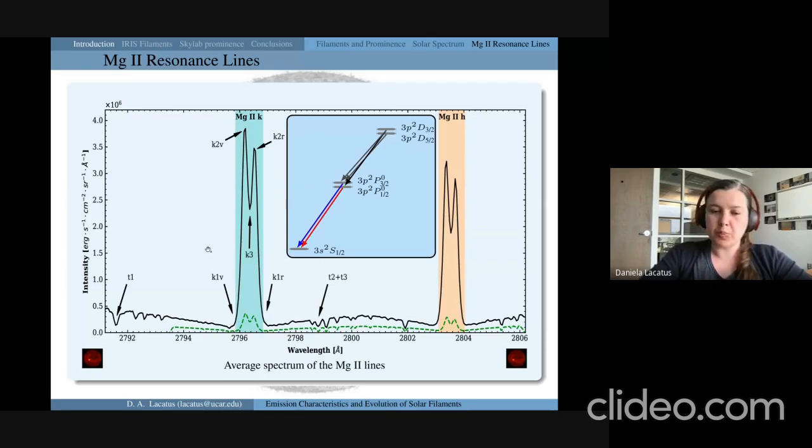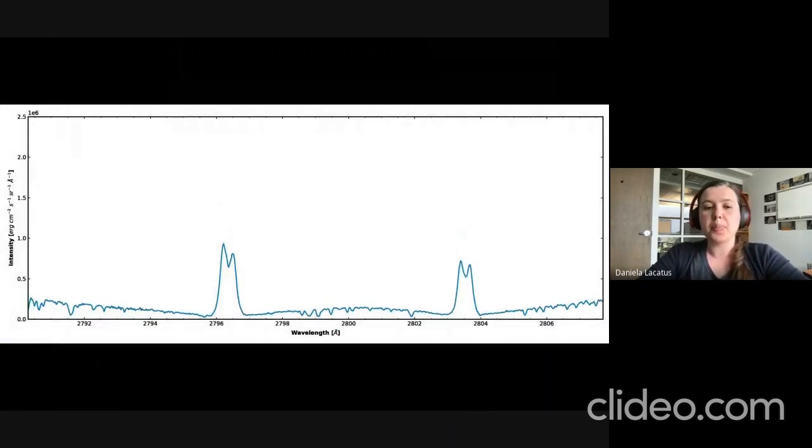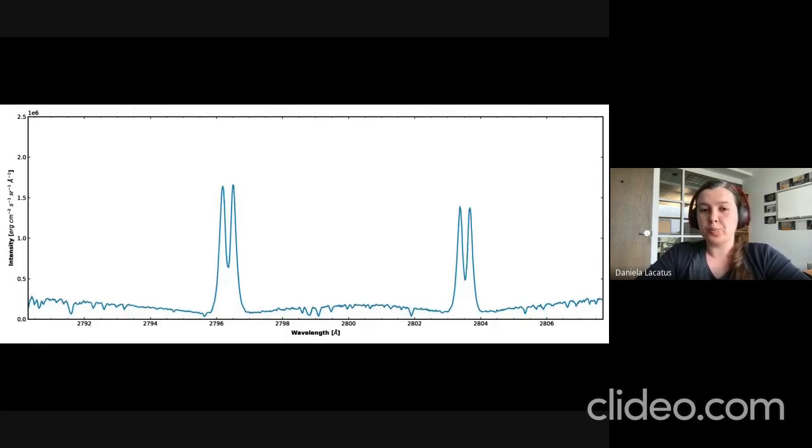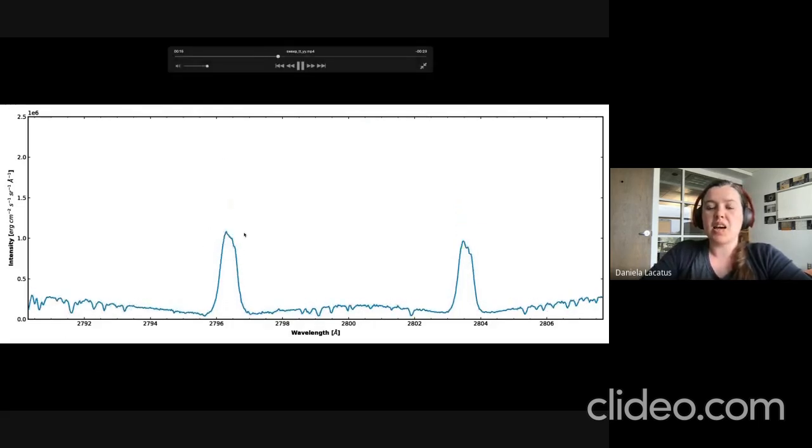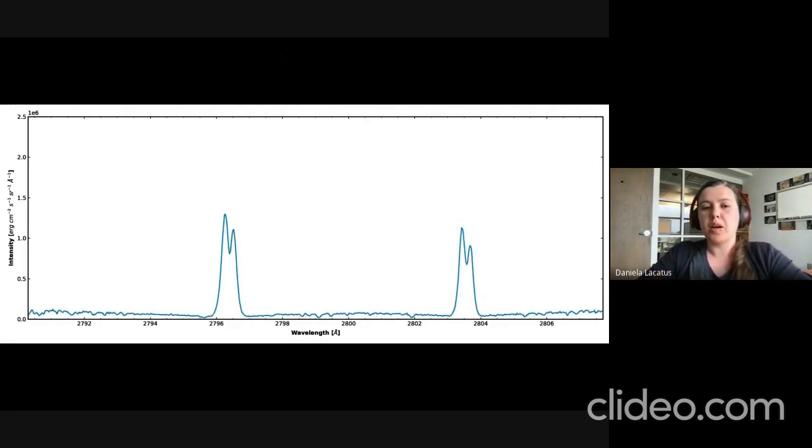So this is a typical profile, but if we scan over a wider observation, we see that the individual characteristics within the profiles have a very wide range of shapes and properties. The two emission peaks within a single line can change which one dominates over a particular structure.